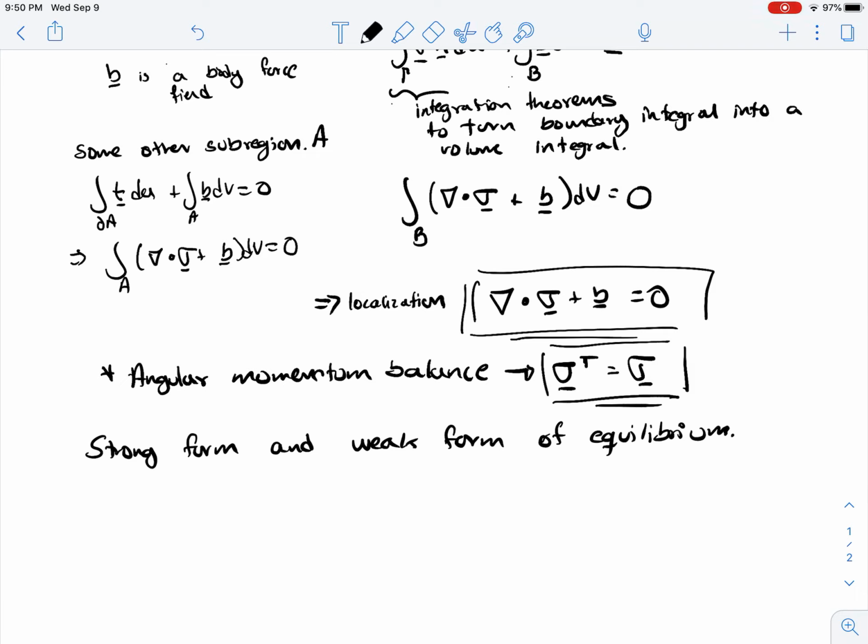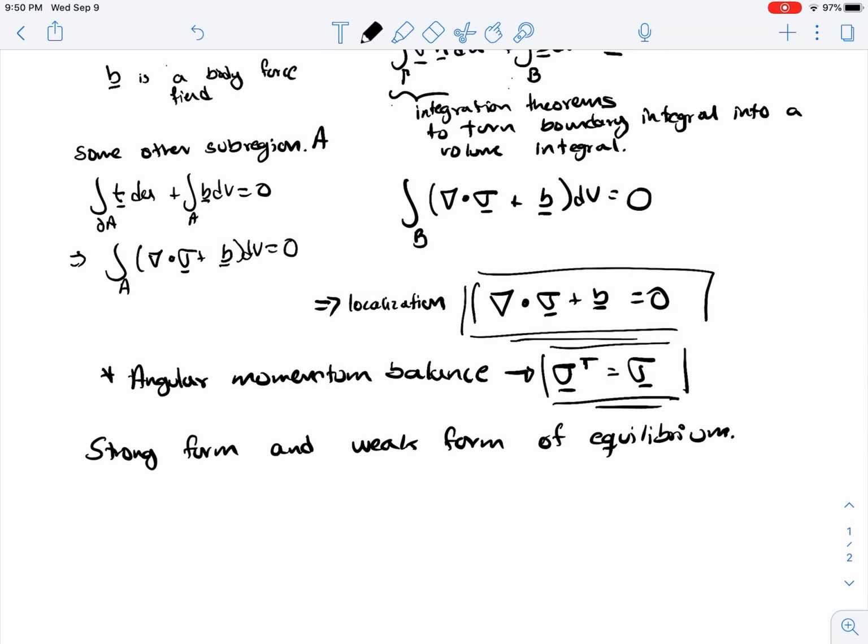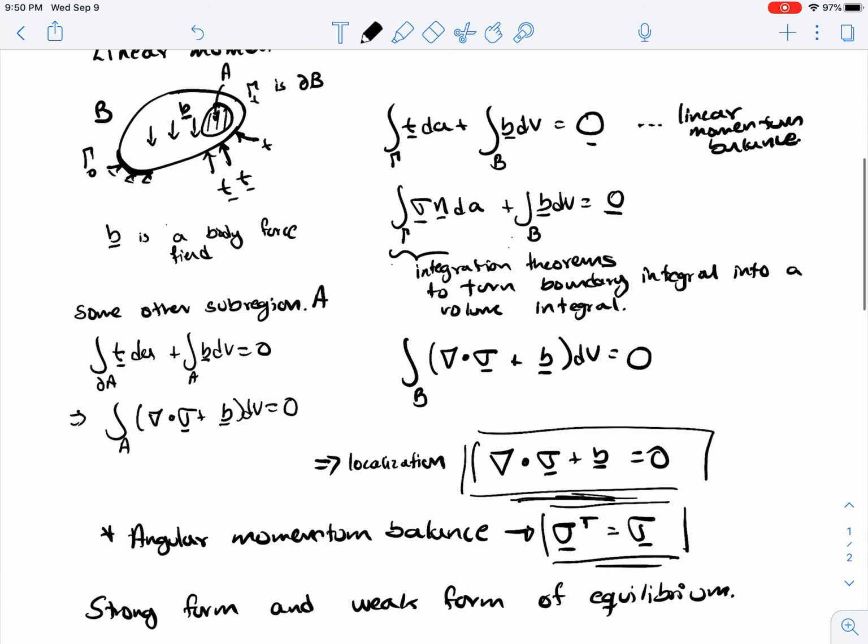Now in reality, you never solve that PDE. The strong form of the static equilibrium problem would be to find the displacement field, since the stress is related to the displacement field, such that this equation is satisfied for some boundary conditions that I was stating before.